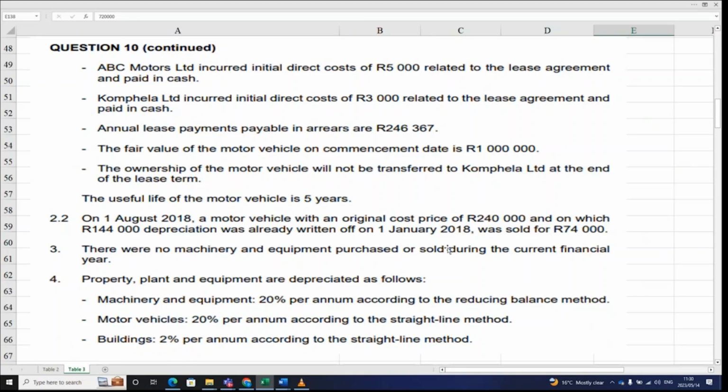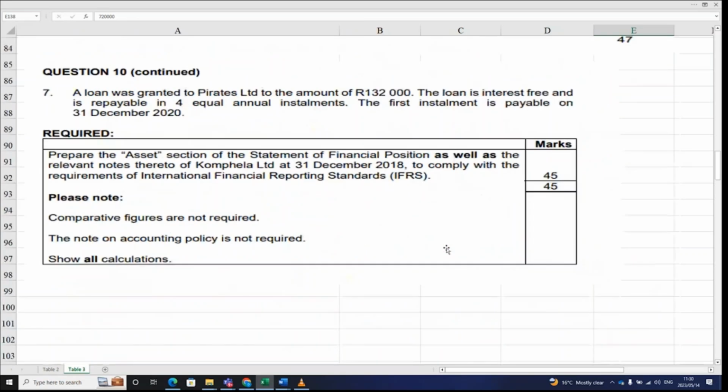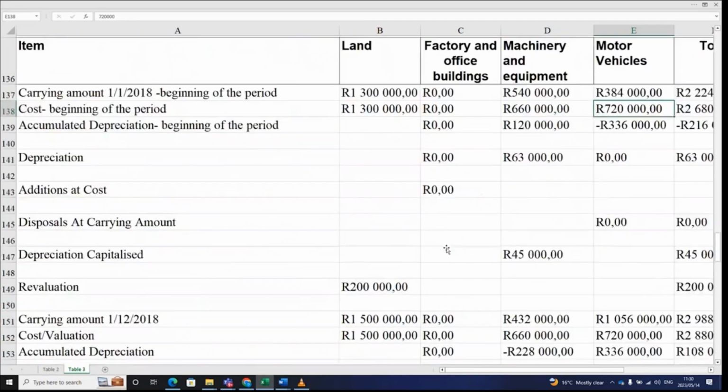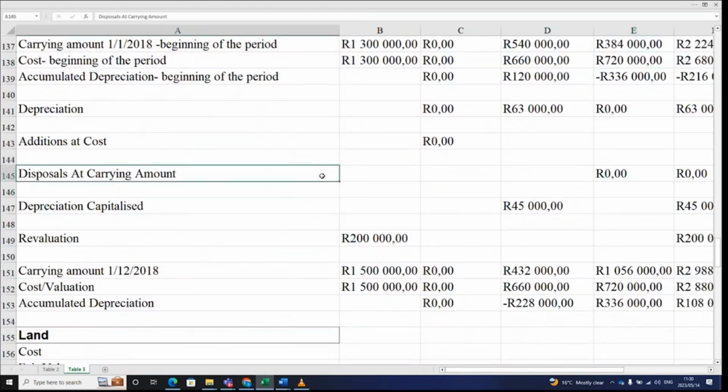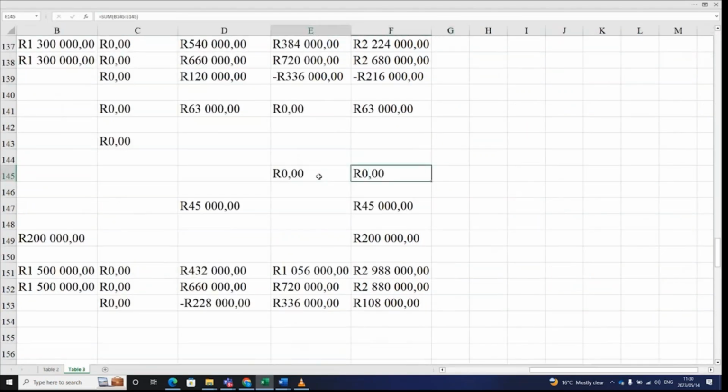Okay. So we know that we need to get to the carrying amount of the asset being sold, right? So again, it's like over here, okay, the carrying amount of the asset being sold, right, is what we need to work out here in the note. Okay. So how do we work that out?